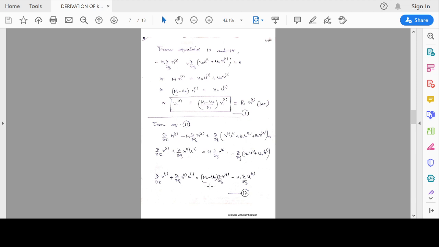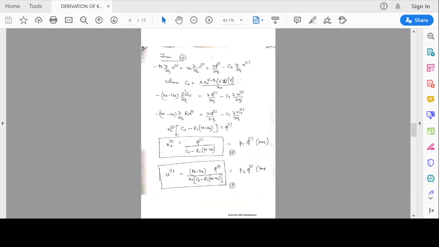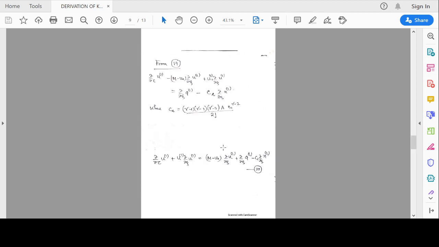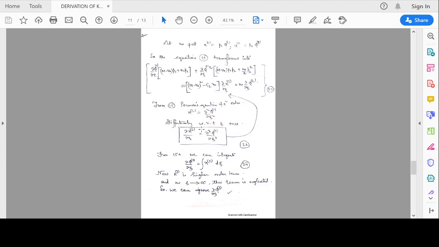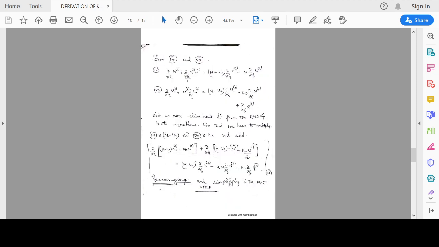Similarly for the first order elimination, and it's the second order elimination from the continuity. Also from the momentum equation we can write it like this as we have just discussed. And for this quantity, excuse me, I just missed it, and you just substitute, eliminate, and finally you get this kind of thing.